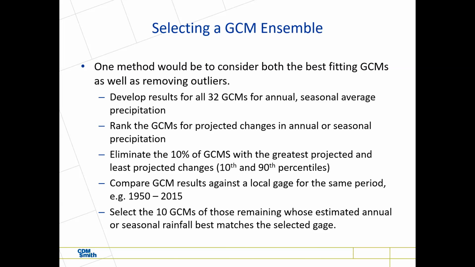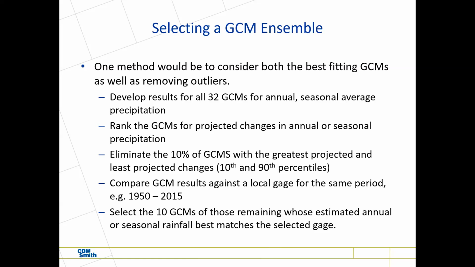And then the idea here is to try to eliminate the outliers. So in this case, if you take the three smallest projected increases and the three largest, and you discard them as outliers, that's sort of comparable to the 10th and the 90th percentile. You have the remaining, let's say, 27 or 28 models. Then you rank those against what your gauge data says.